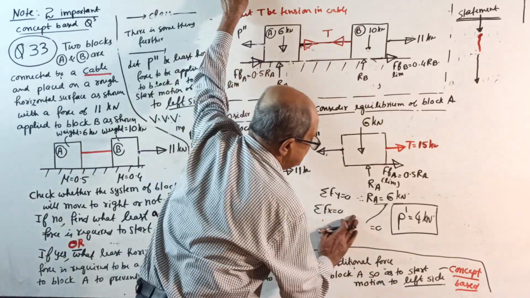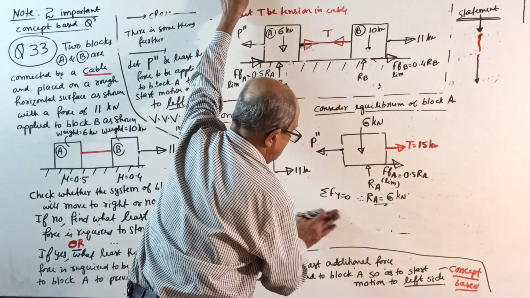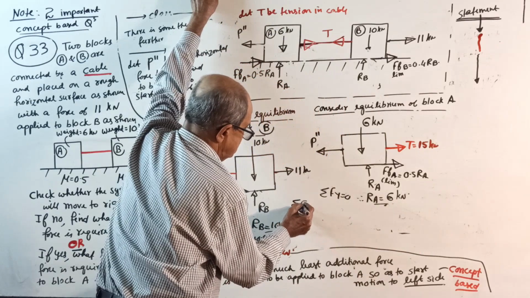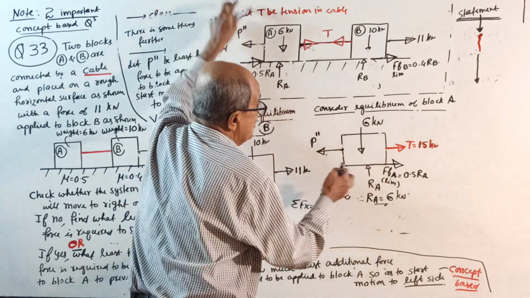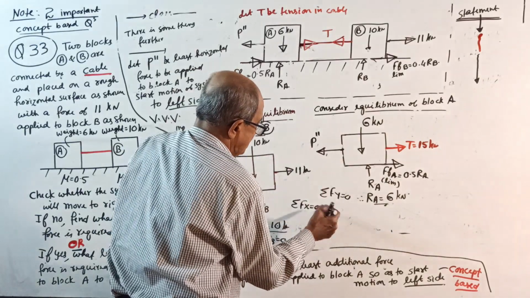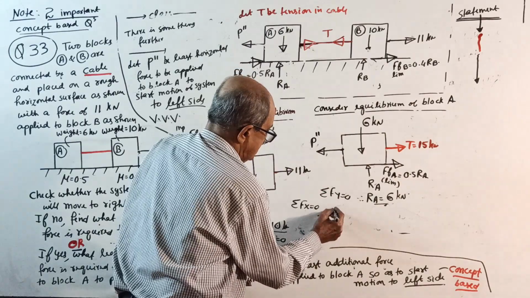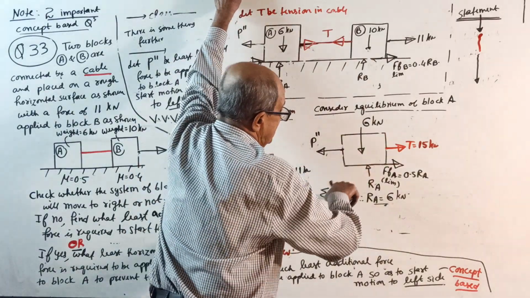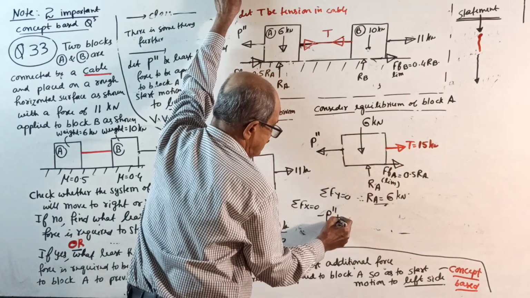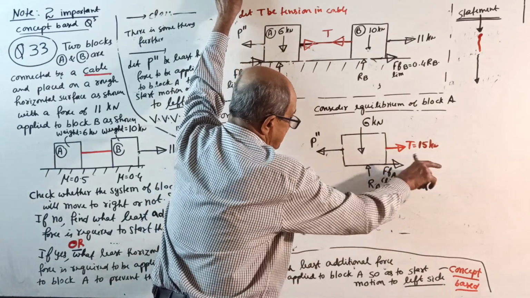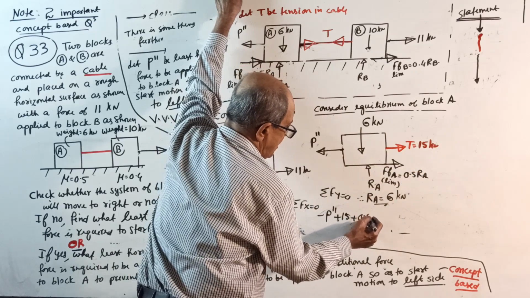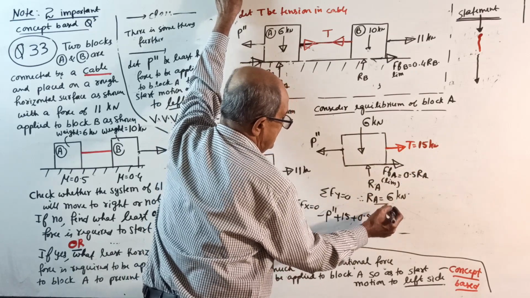Sigma Fx equals 0. See now, Sigma Fx equals 0 will give you, right side positive, minus P double dash plus 15 plus 0.5 into RA equal to 0.